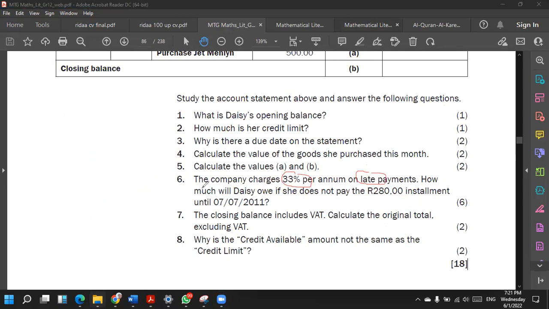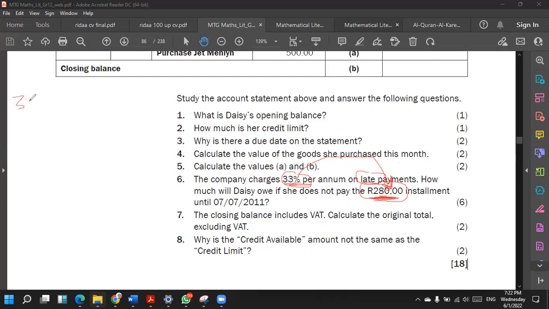Here they say how much will Daisy owe if she does not pay 280 until the 7th of July 2011. Now, what is late? This 280 is late. So they charge 33% on what's late. So you first take 33% of 280. You understand?